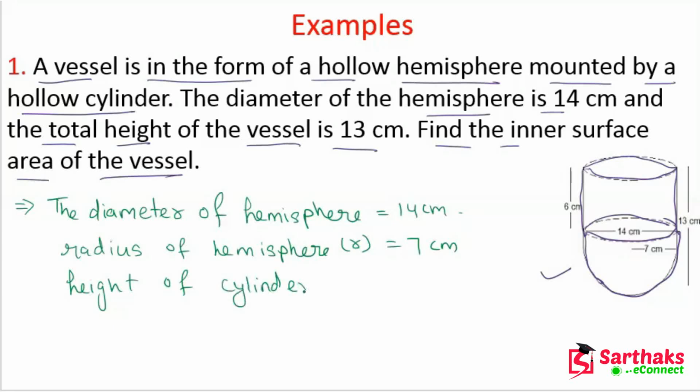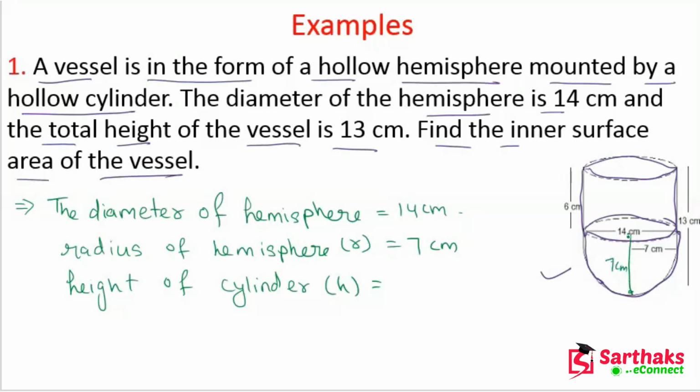Height of the cylinder is h equals to, now if you see, the total height is 13. If you observe this, the distance from this point to this point is 7 centimeter.